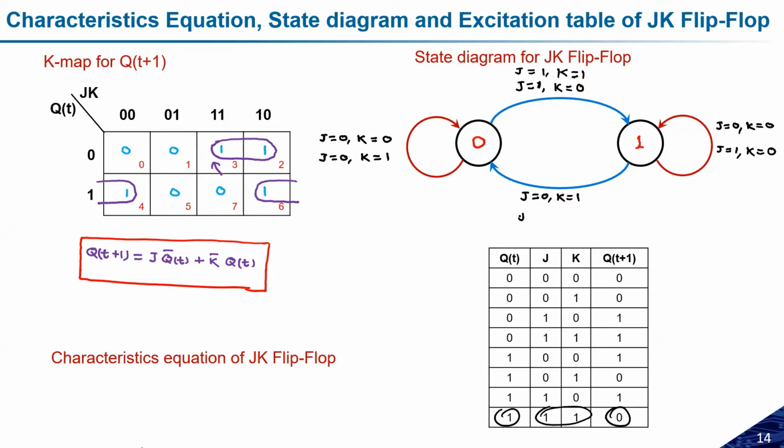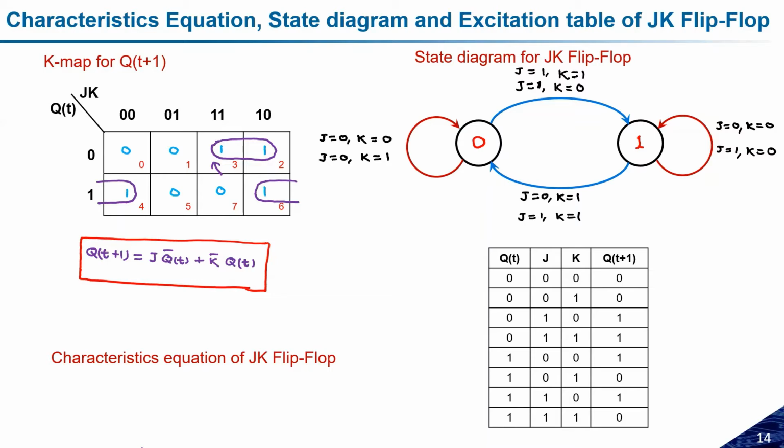So again it will become j is equal to 1 and k is equal to 1. So this is how we can make the state diagram for the jk flip-flop. If you have any doubt at any point of time, you can ask the question. Based on this characteristics table only, we have just made this state diagram. This is really important actually.